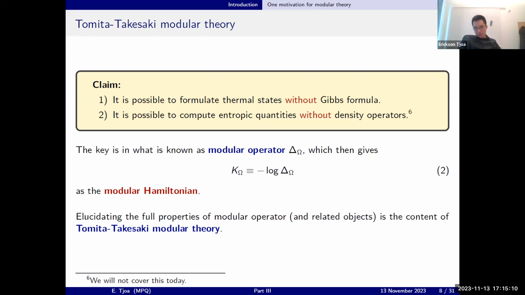Otherwise, you cannot define the modular Hamiltonian. And the whole properties of the modular Hamiltonian and how this single operator defines the entire way of making sense of all these complications is actually the whole subject of Tomita-Takesaki modular theory. So it might not look like it's about thermodynamics, but you can completely think of this in terms of thermodynamics.